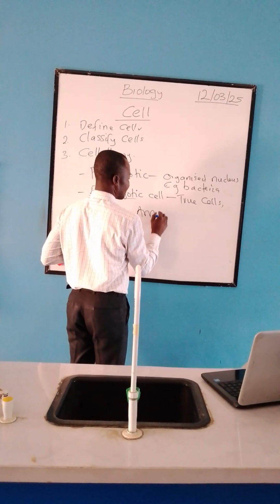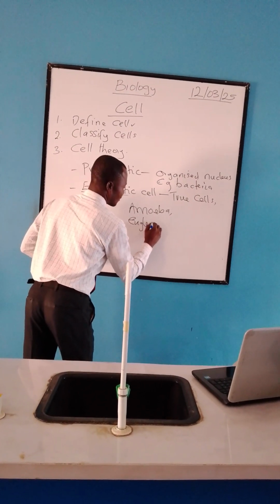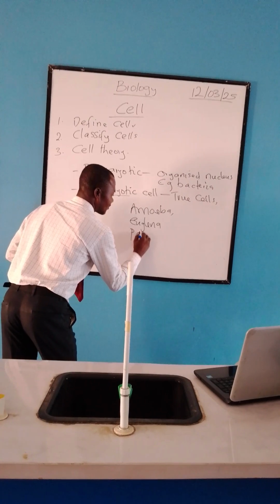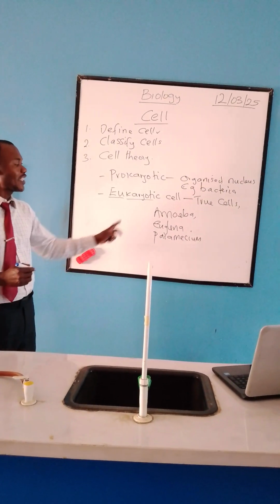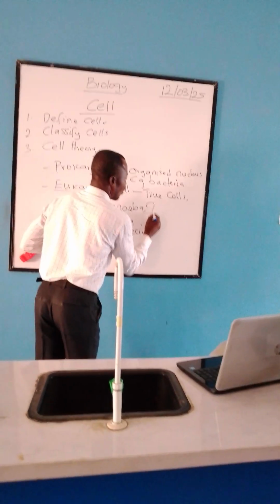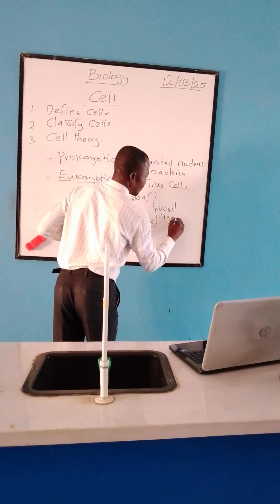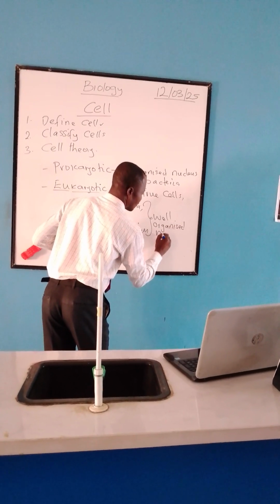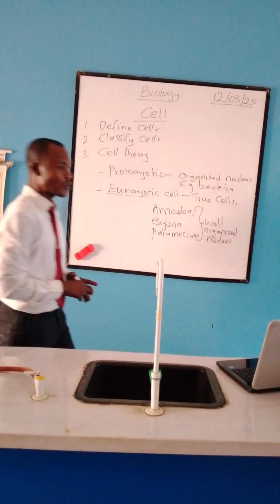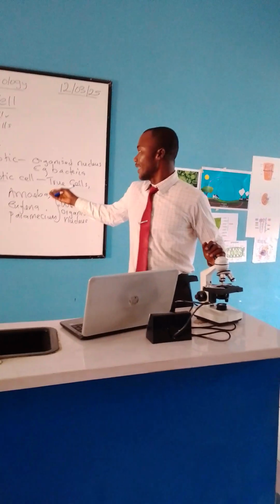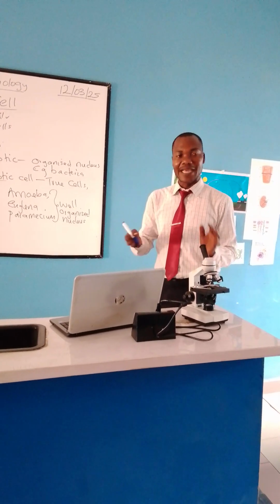We have amoeba, euglena, paramecium, etc. This group of organisms have a well organized nucleus. Hope that's clear. I also have slides that we'll be able to look at as we progress in the lesson. We'll view them under the microscope.